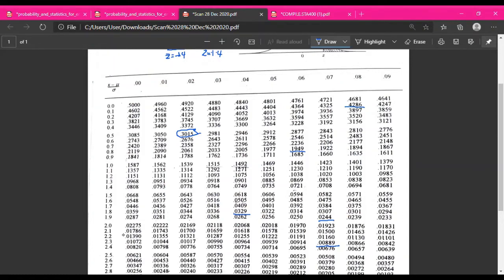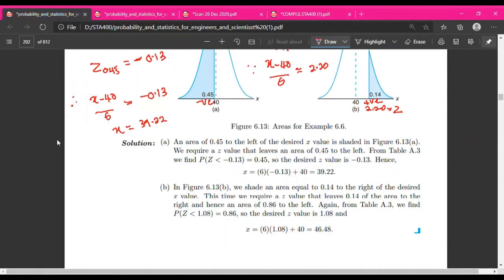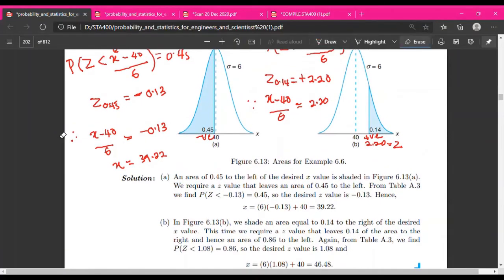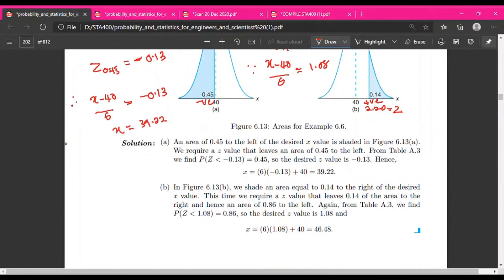Oh, I was wrong earlier. I looked at it wrongly. 0.14 here. The closest is actually 1.08. Is it true? Okay, yes, the same. So x will be 6 multiplied by positive 1.08 plus 40. So the answer is 46.48.